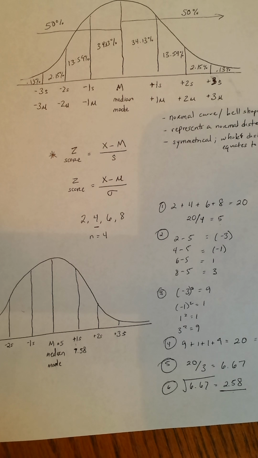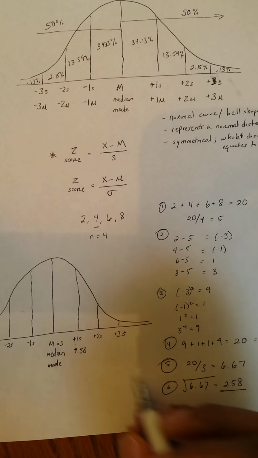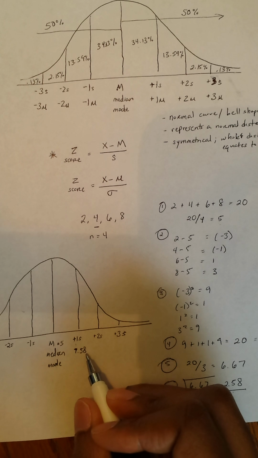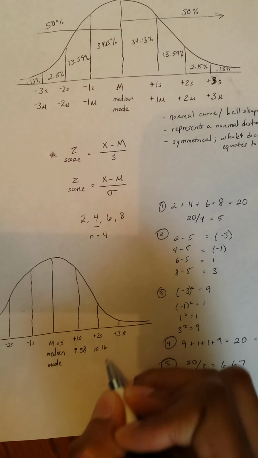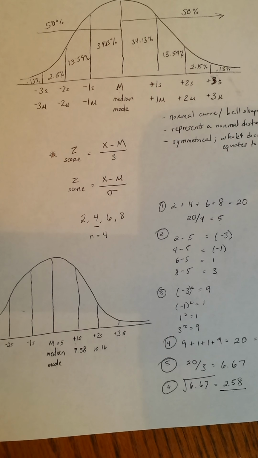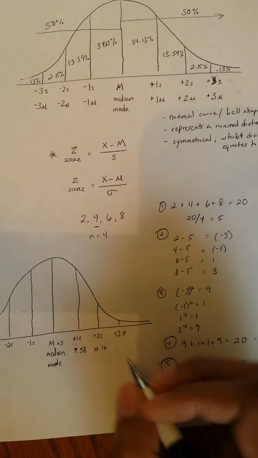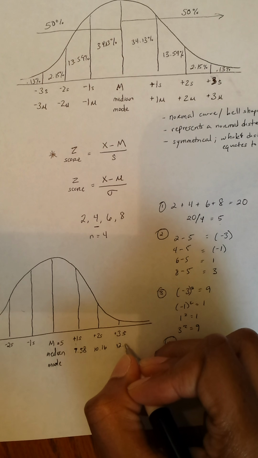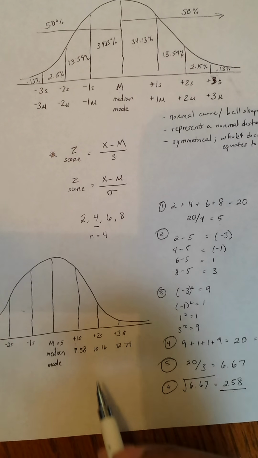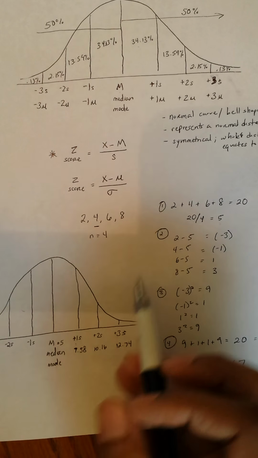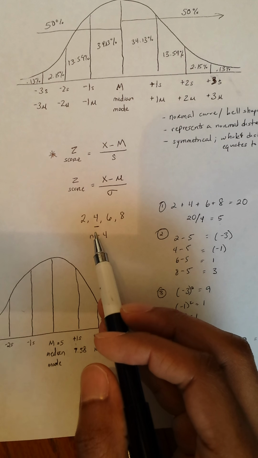And then we add 2.58 again to 7.58, and that will give us 2 standard deviations above the mean. And then we do that again if we want to get 3 standard deviations above the mean in terms of this data set. Okay? So we wanted to look at the z-score for 4.